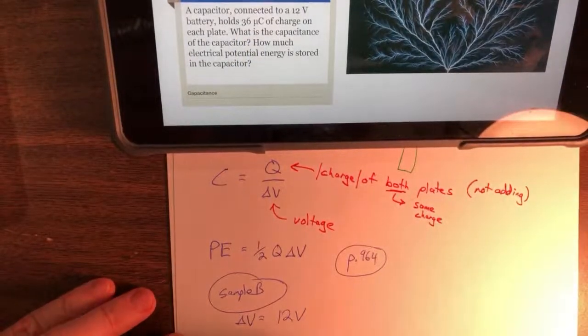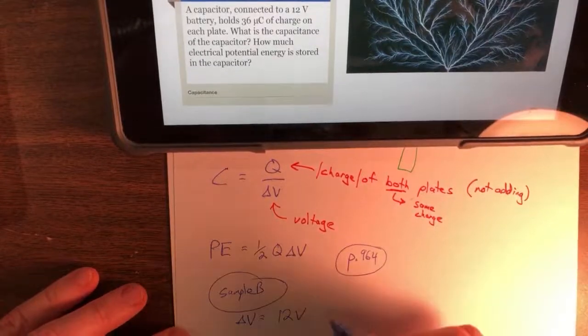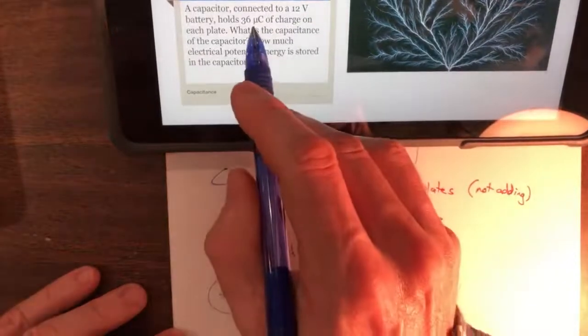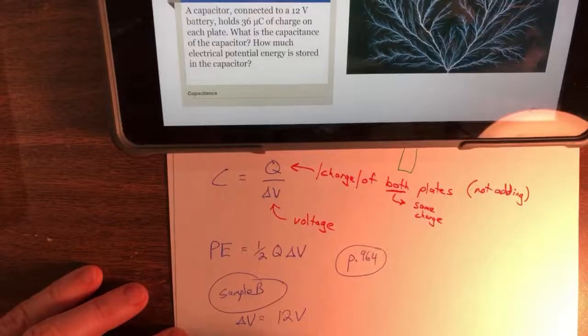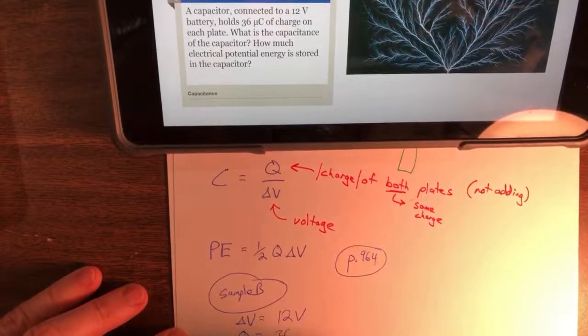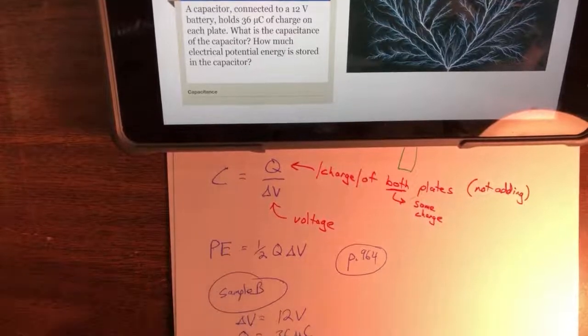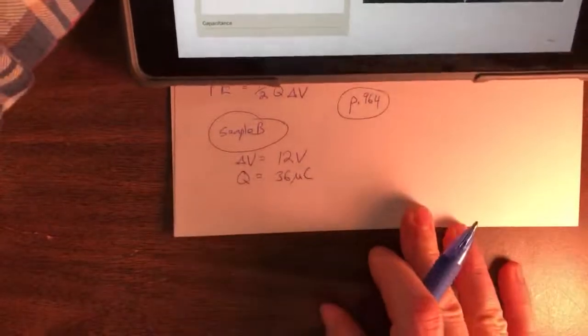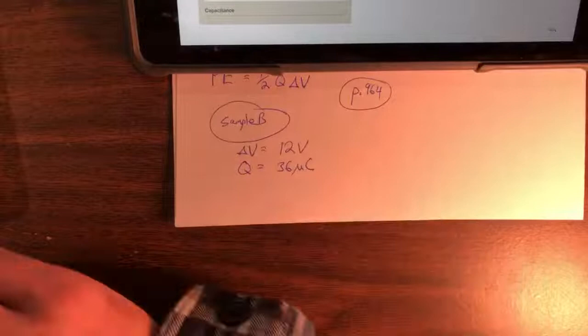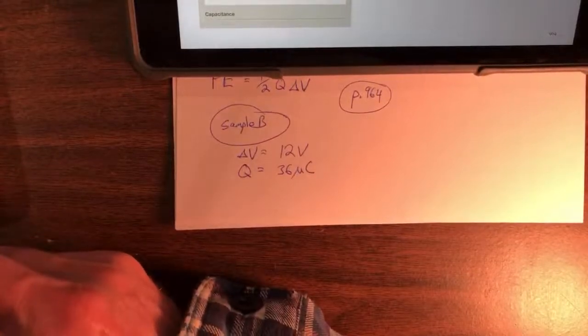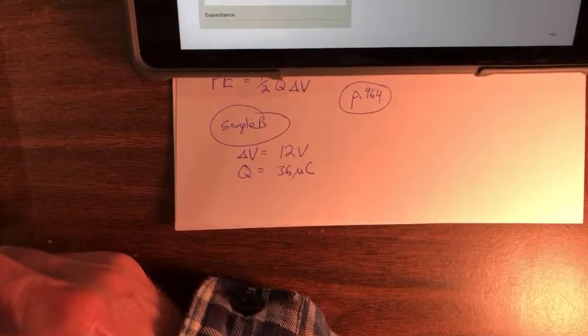Now, don't forget this, okay? Don't forget what these different prefixes mean. And that's going to be our Q: 36 microcoulombs. And it's asking us what the capacitance is and how much electrical potential energy is stored in the capacitor.